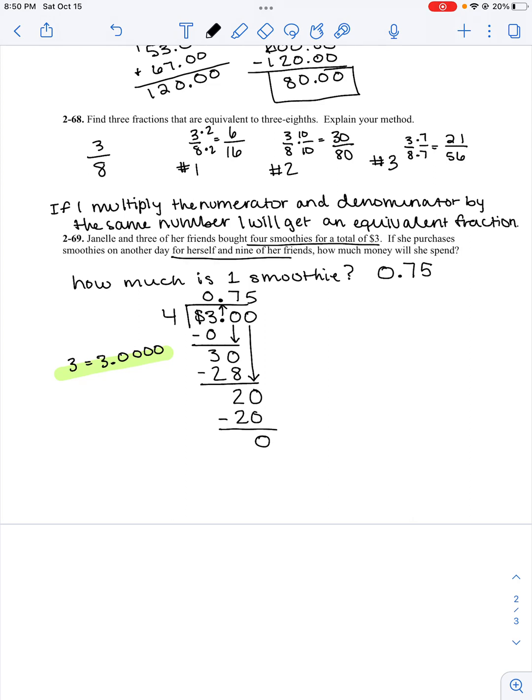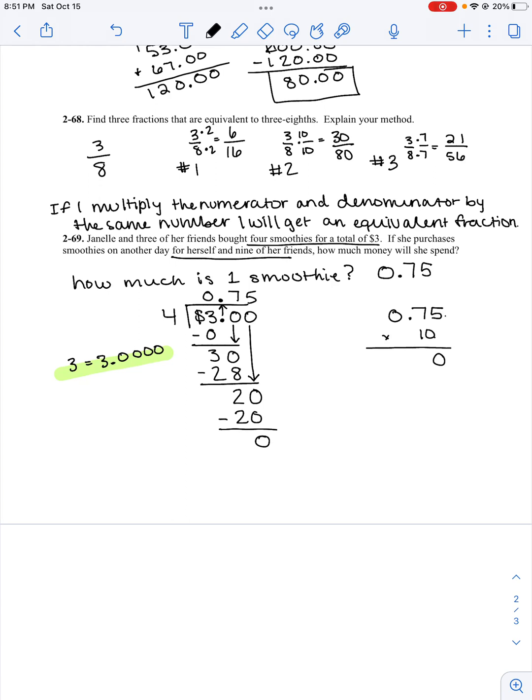So if she's buying one for herself and 9 of her friends, she's buying it for 10 people. Okay? So what I can do is multiply 75 cents times 10. Okay?